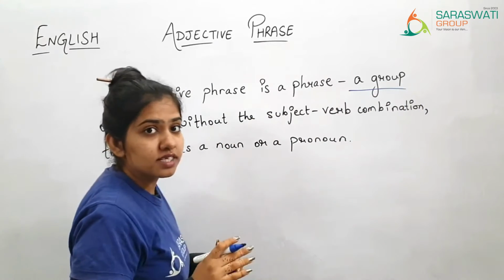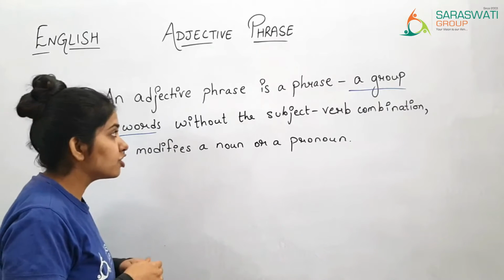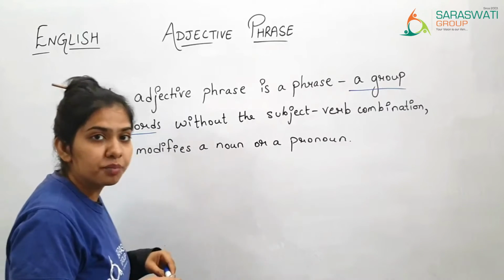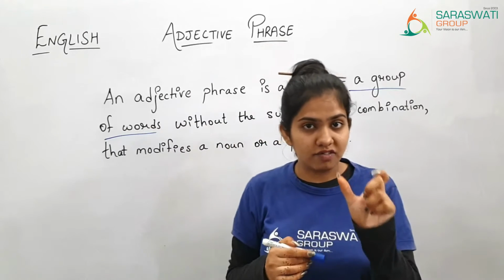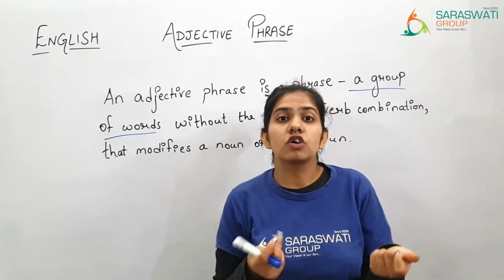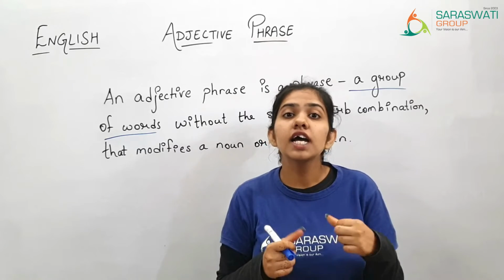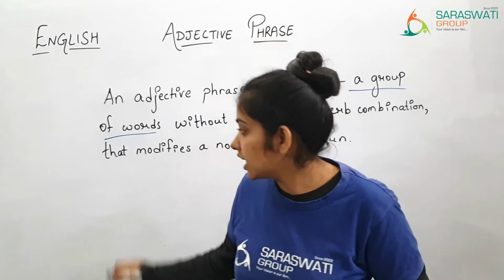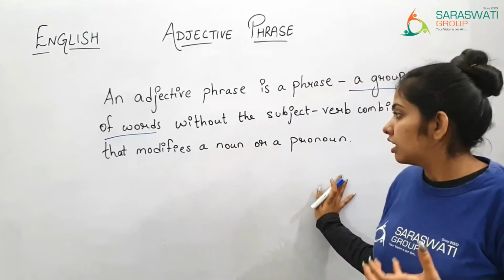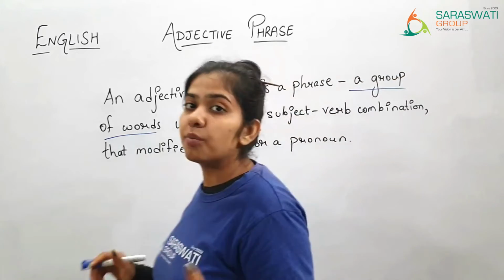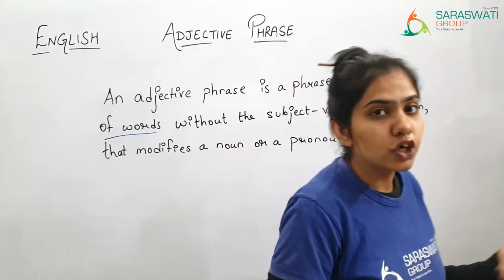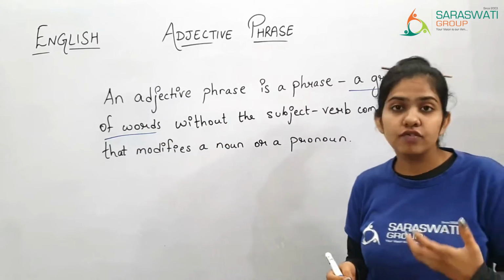So adjective phrase is such a kind of phrase, a group of words without the subject verb combination, कि एक ऐसा group जिसमें subject या verb का कोई combination होता नहीं है, लेकिन that even though that modifies a noun or a pronoun, लेकिन फिर भी वो noun या pronoun को modify करता है, वो change करता है. So that is known as adjective phrase.